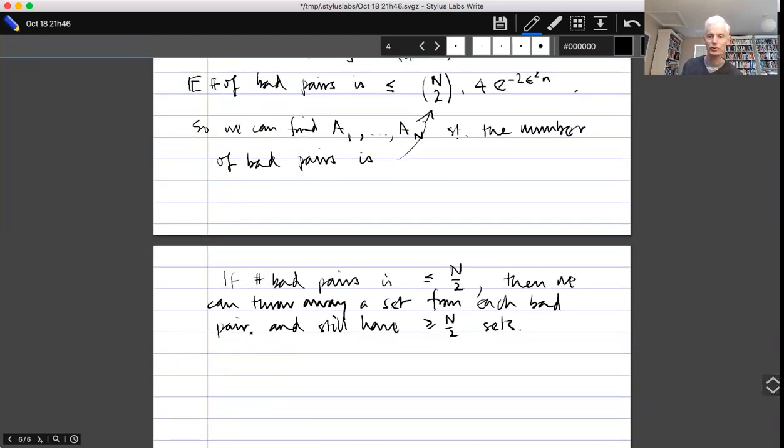So for this to work, we need the inequality that the number of bad pairs is less than or equal to n over 2. And n choose 2 is at most n squared over 2. So we don't need this technically, but it is enough if that number there is less than or equal to n over 2. And I can do a little bit of cancellation.